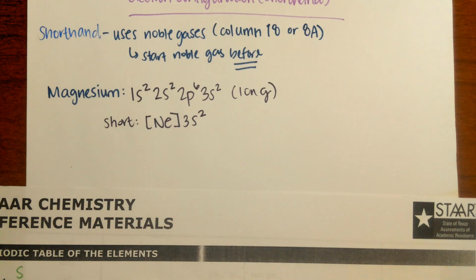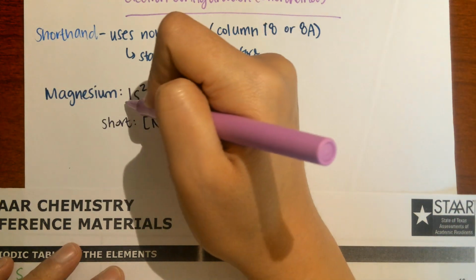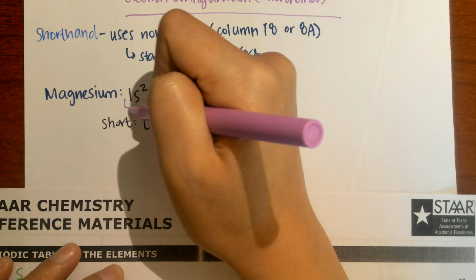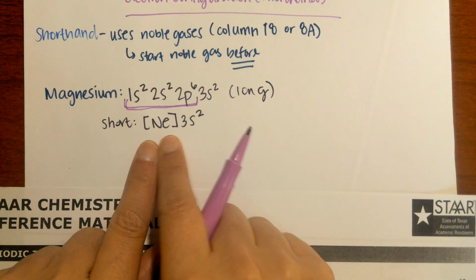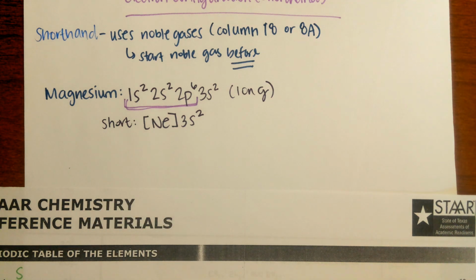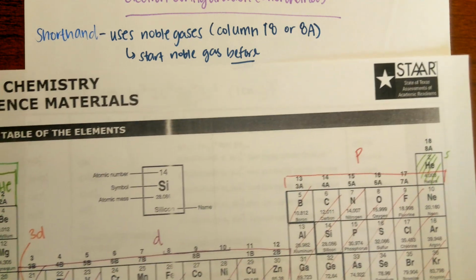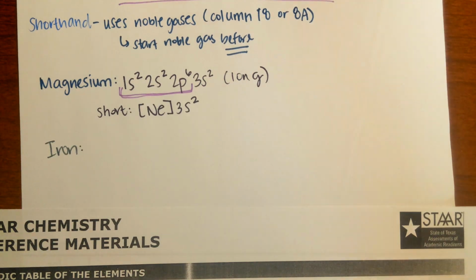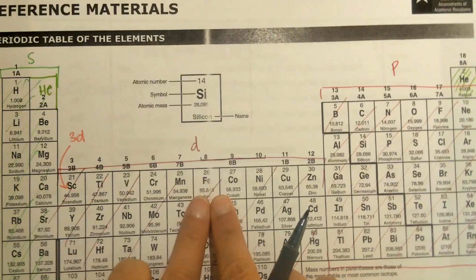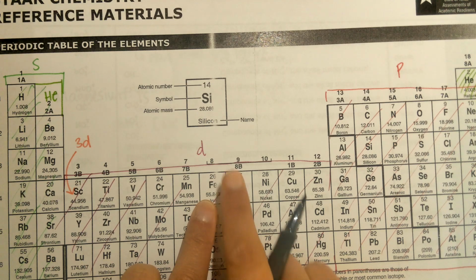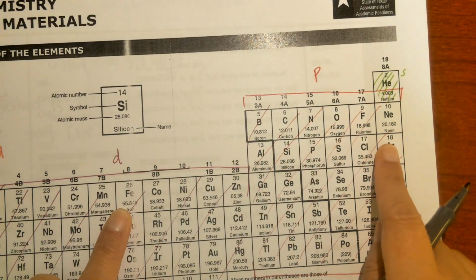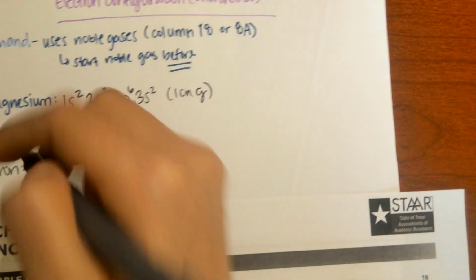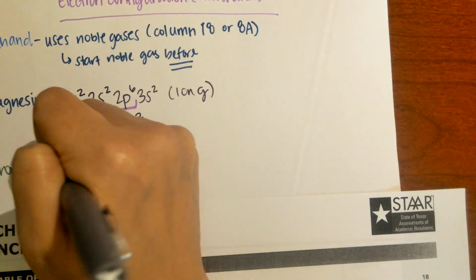Essentially, what I did was take the 1s2, 2s2, 2p6 and, instead of writing all that, compact it into neon. Alright, another example with a different noble gas: iron. Iron is over here, and I go one row up all the way to the right. My noble gas before it is argon, and I write that symbol.